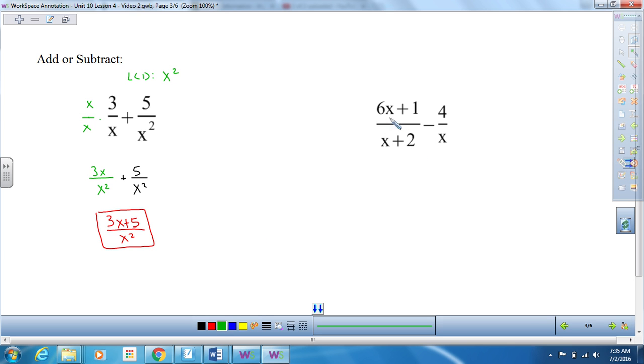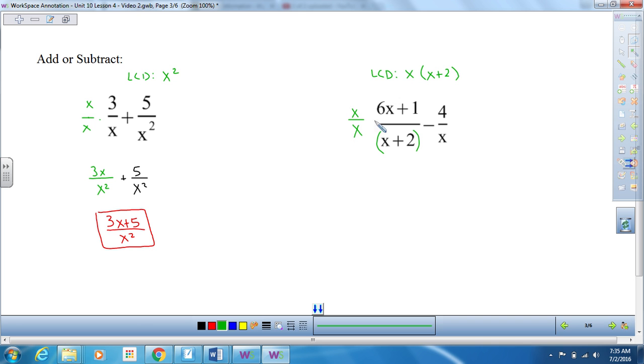And let's look at this one. So my least common denominator, I need both parts covered. So this x is attached to that plus 2, so that's different than this x. So I need x and x plus 2. Okay? So this first fraction here is missing an extra x.